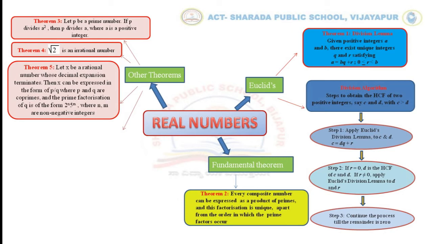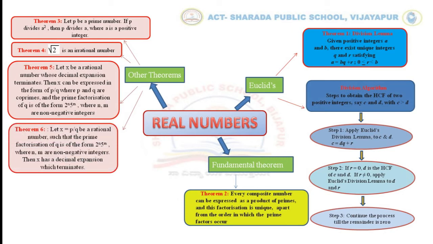Now we will go to theorem 6, which is the converse of theorem 5. Let x equal p by q be a rational number such that the prime factorization of q is of the form 2 to the power of n into 5 to the power of m, where n and m are non-negative integers. Then x has a decimal expansion which terminates. To understand this, we can take the same example as in theorem 5, that is 1525 divided by 100.